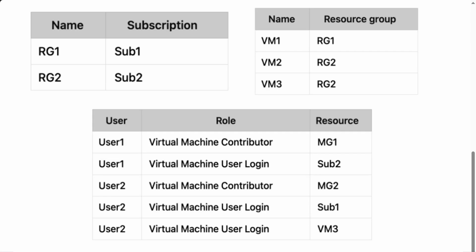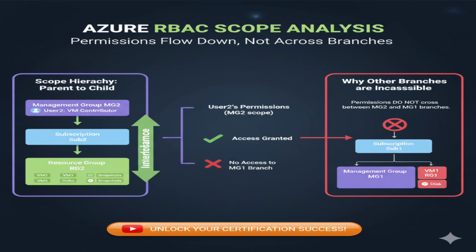Looking at the role assignments and hierarchy, User 2 has virtual machine contributor role on MG2, which only provides access to resources under that management group branch. VM1 is located in RG1, which belongs to Sub 1, and Sub 1 is under management group MG1, not MG2. Here's the scope analysis step by step.